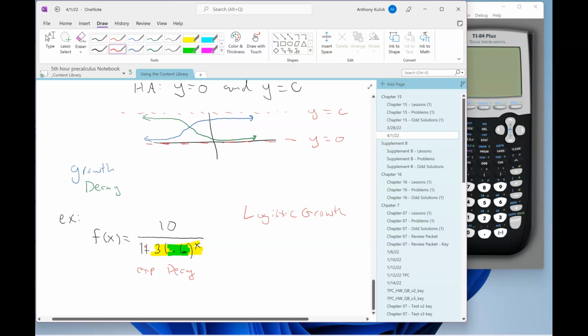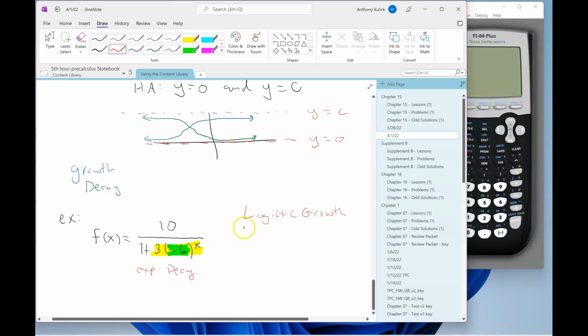So for exponential decay, you're looking at the value for b, and that value of b has to be between 0 and 1, and for exponential growth, it would have to be greater than 1. Now, for logistic growth, it basically just means you have an exponential decay in the denominator, which is what we have here. For logistic decay, you have an exponential growth in the denominator. Is that cool? Okay.